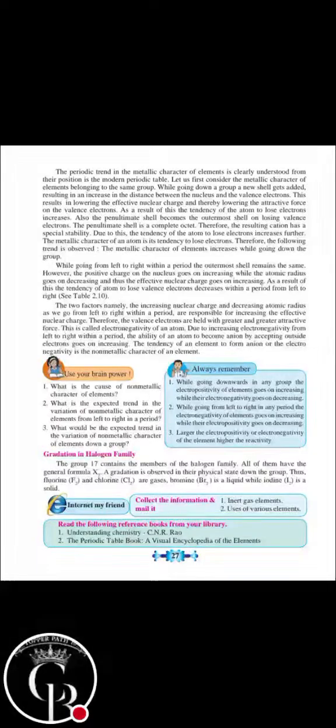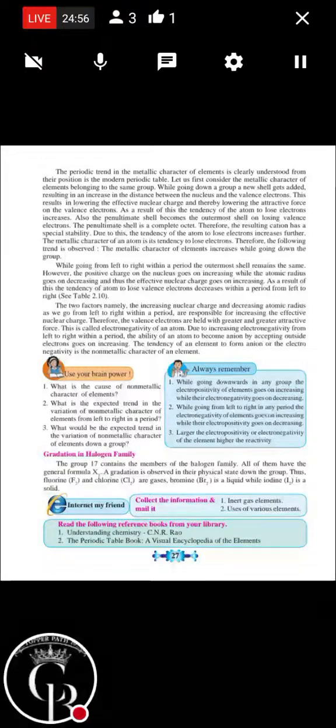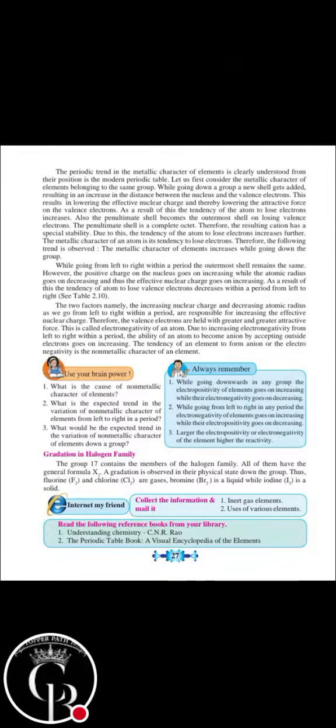Next, gradation of the halogen family. Group 17 contains the members of the halogen family, all of them having the general formula X2.